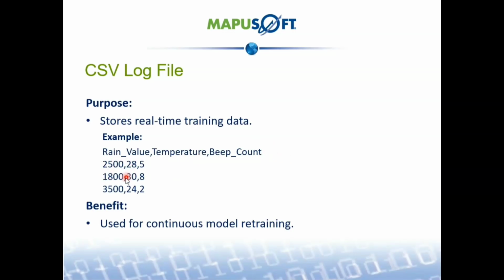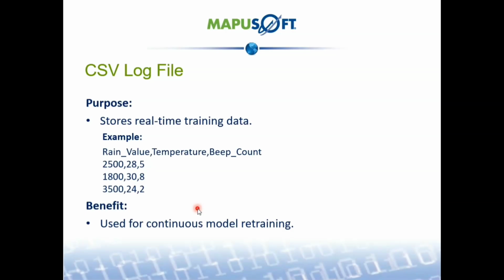Based on the rain value, we get live temperature data from the website, and based on that, the AI decides the beep count. So the AI learns how rainfall intensity affects the alerts, how weather affects the behavior, and predicts the intelligent outputs.